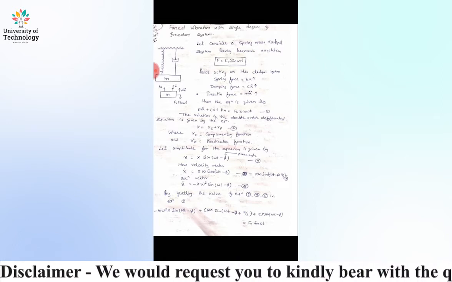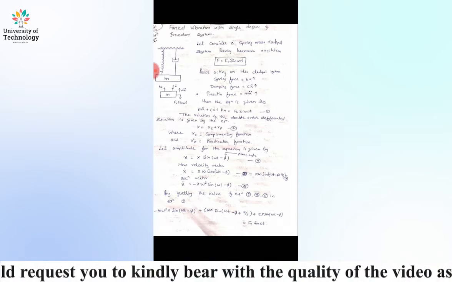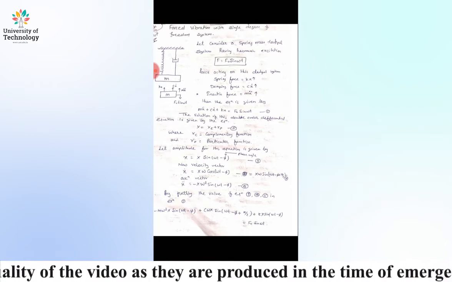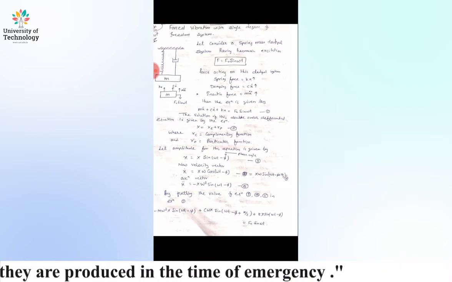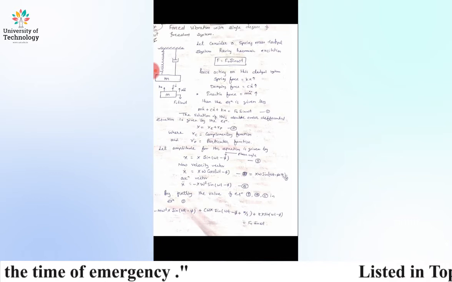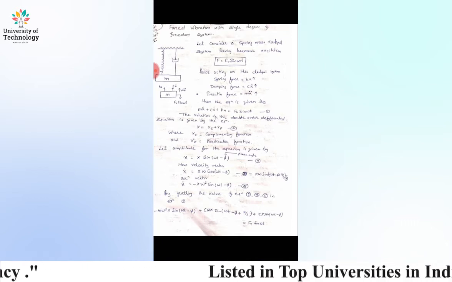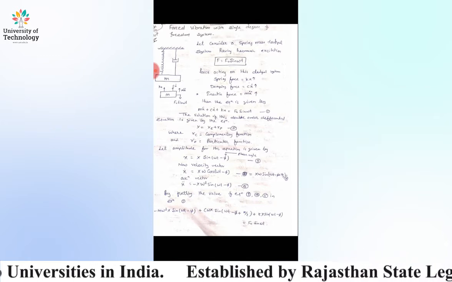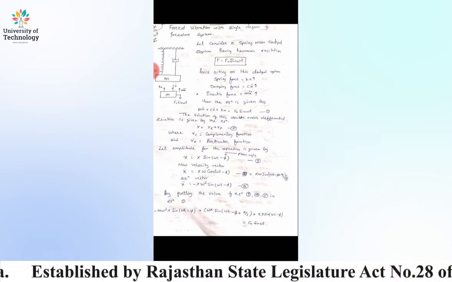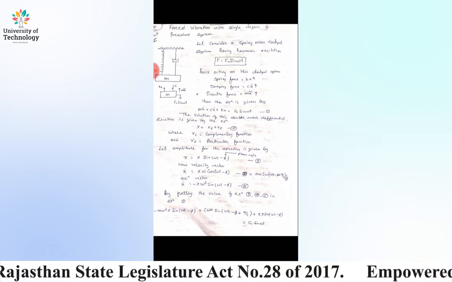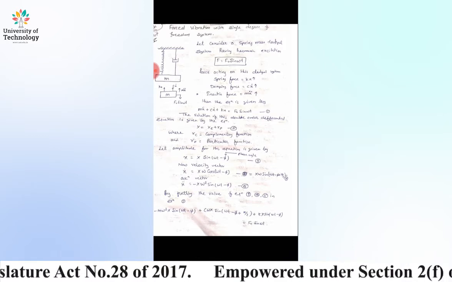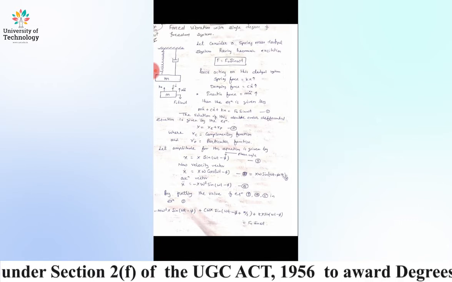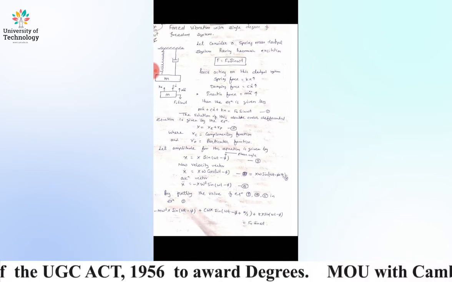Now we get the acceleration vector from the velocity vector. We differentiate the velocity vector with respect to t, then we get x double dot is equal to minus X omega square sin omega t minus phi. That is equation 5.